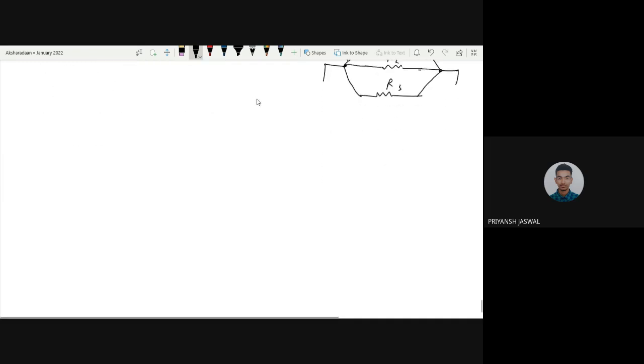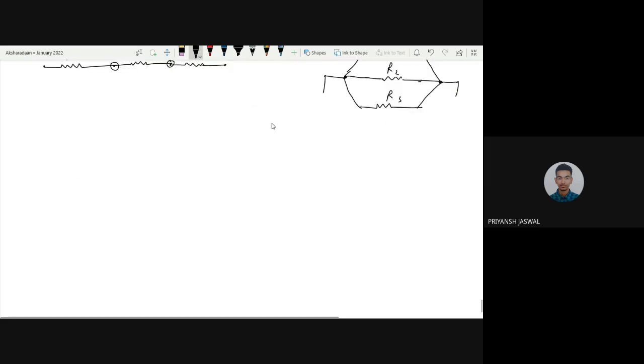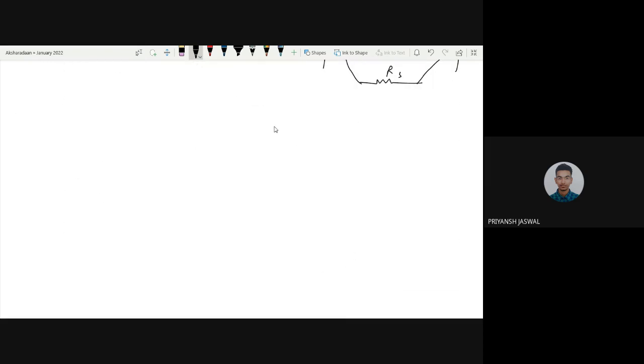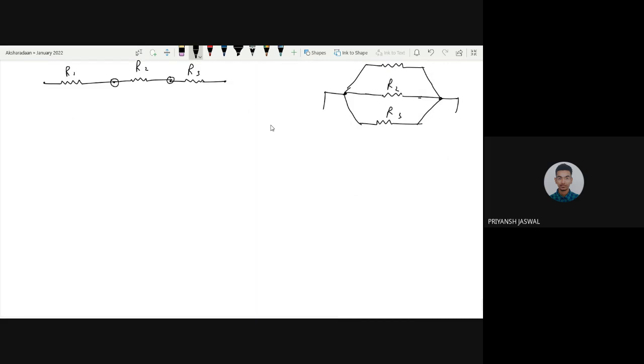Now let's study them in detail. What will be the net resistance if we have such a combination? Suppose this one, if we apply a potential difference of V volt, then it will produce some current for a closed circuit. It will flow like this, go through the first resistor, and it will go to second, then third, and come back.